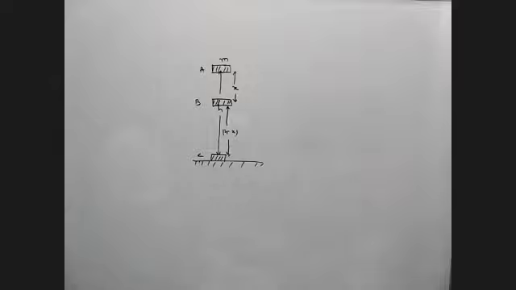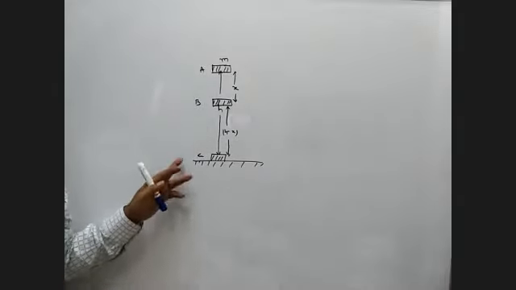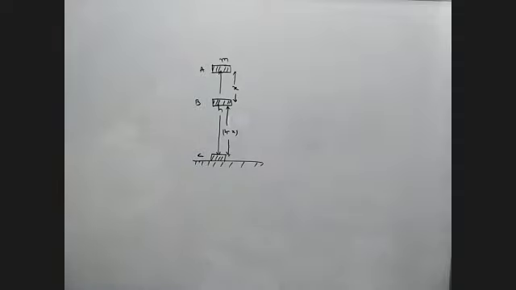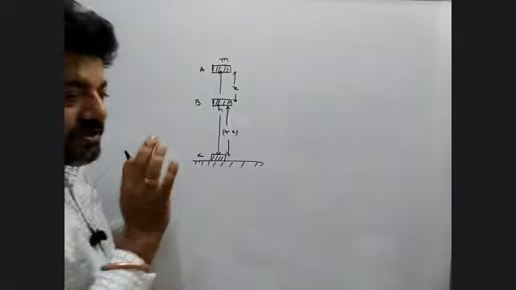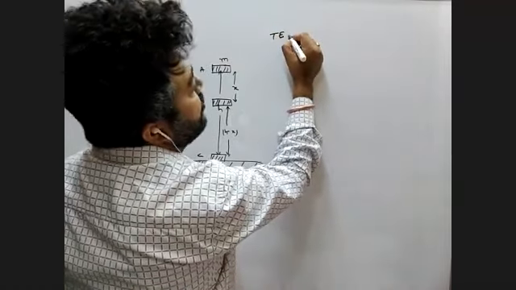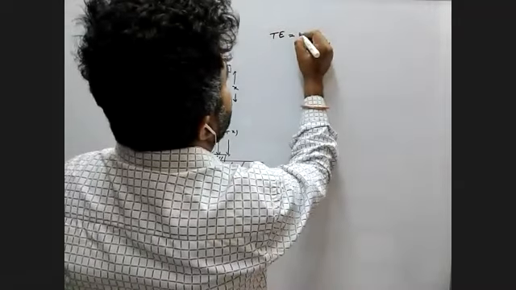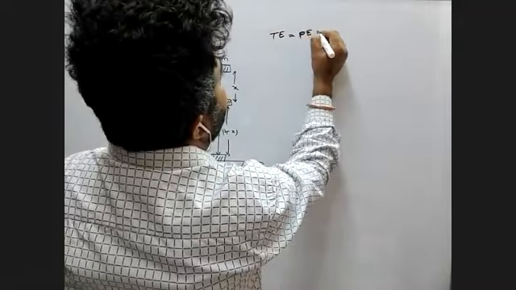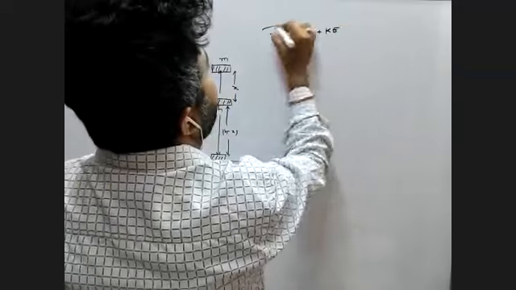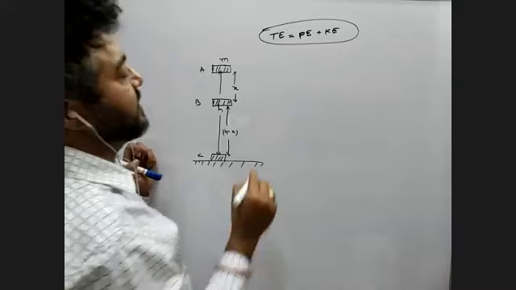So we have to show that the total mechanical energy at A, at B, and at C is the same, means conserved. Total mechanical energy means the sum of potential energy plus kinetic energy.